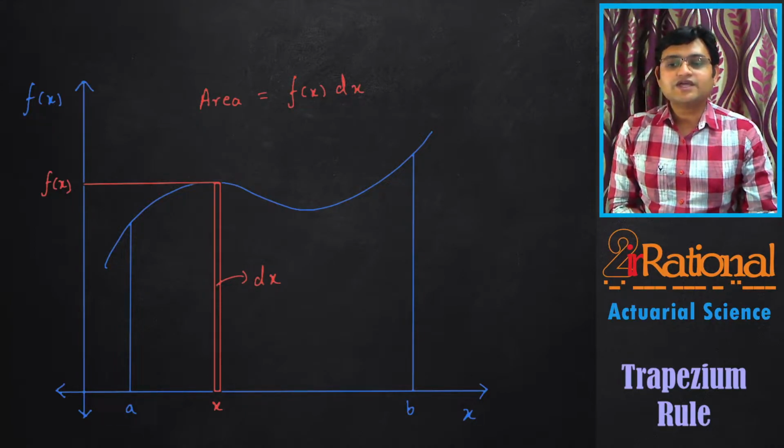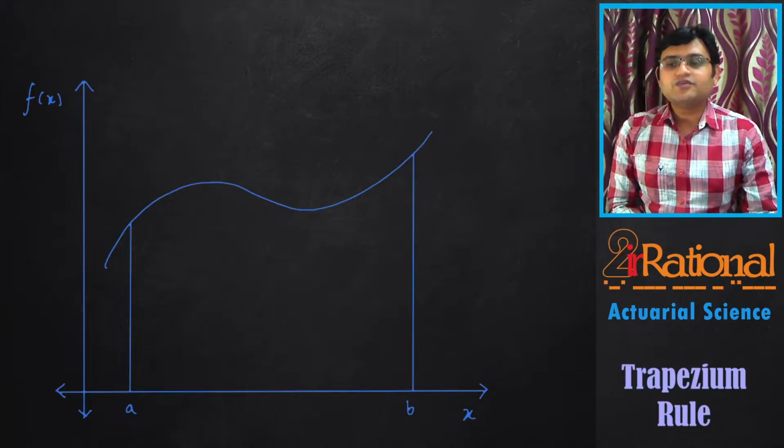As integration is just addition of area of all such rectangles from A to B, we get this formula. Assuming dx is almost equal to 0, the approximation of the height becomes negligible.